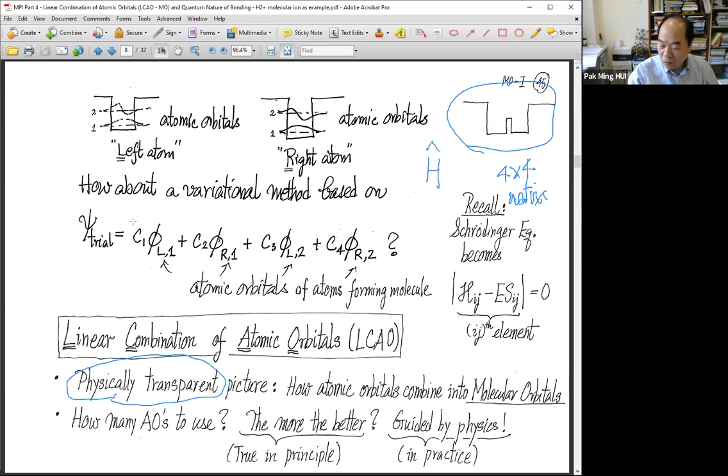That will be the case for HF. The hydrogen, of course, has a 1s electron waiting to form some bond. The fluorine is one electron short of a full shell, so it has a p state that has only one electron. So if I linearly combine the 1s of H and the 2p of F, I can form this bond. That is what I meant by physically transparent.